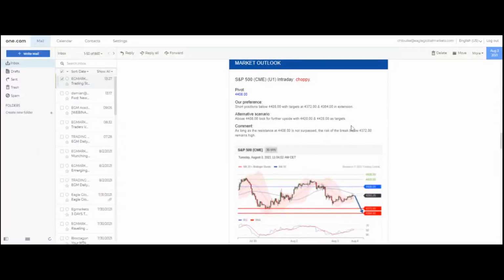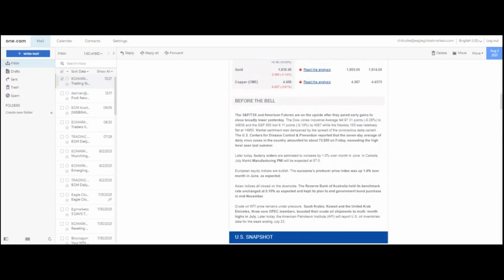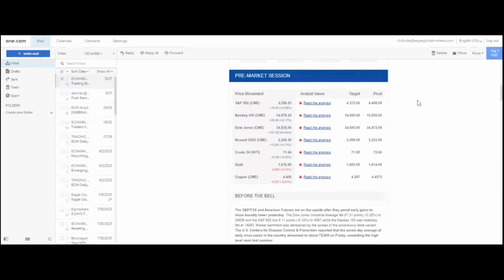On the market outlook, that is where you see all the financial instruments you are getting a signal for. For reference, I'll mention them again. We have these major financial instruments: 1, 2, 3, 4, 5, 6, 7. Seven financial instruments every day.